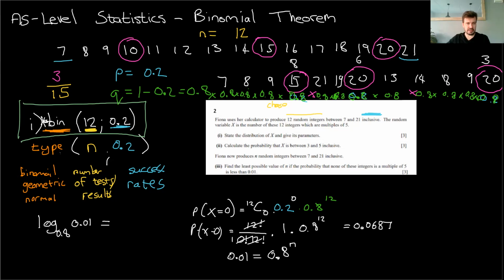Have you got that button in your calculator? There should be a log button where you put a 0.8 and a 0.01, or you could just use your log laws. You could just say log 0.01 over log 0.8. That would also work. Either way, what do you get for this? If you got the button there, Liam. I have, but it's giving me an error.